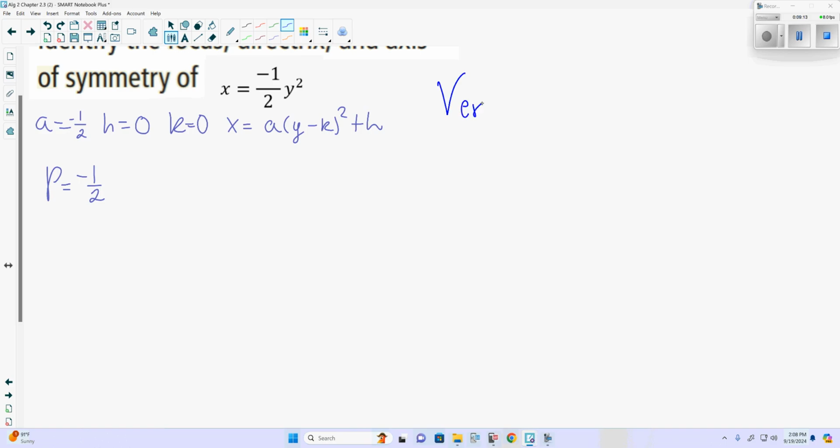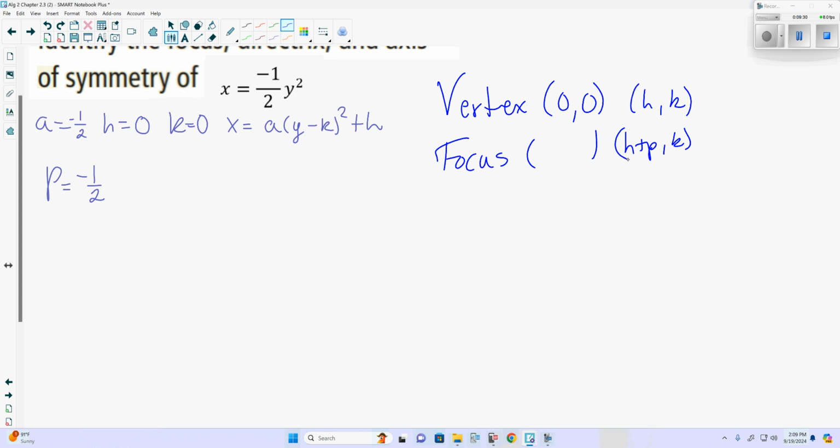It didn't ask for the vertex, but vertex is h comma k, which would be 0, 0. Focus. For x equals, it's h plus p, comma k. Well, our k value is 0. H plus p would be 0 plus negative 1/2, which is negative 1/2.